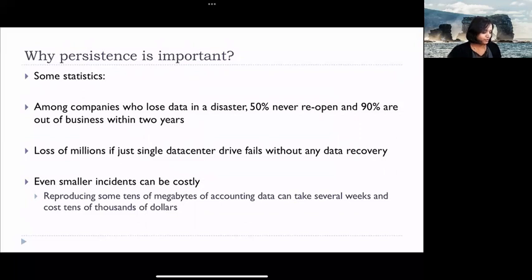Some statistics show that among companies who lose data in disasters, 50% never reopen and 90% are out of business within 2 years, which is terribly bad. Loss of millions if just a single data center drive fails without data recovery.